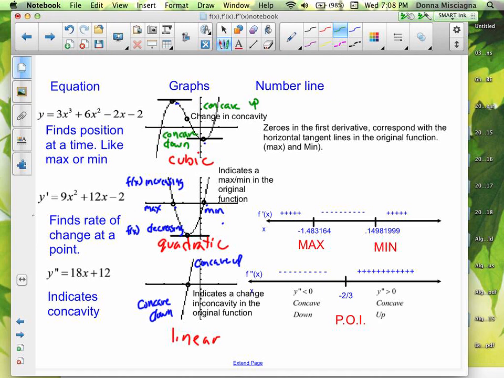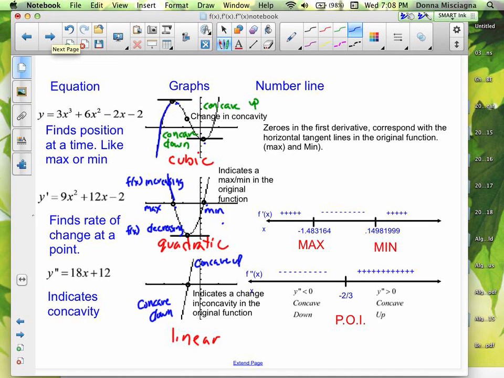Everywhere we're above the x-axis on our derivative corresponds to where we are increasing. Here we're increasing, and that matches with here we're increasing. They're not necessarily drawn to the exact same scale because I may have cut off a little piece of it.